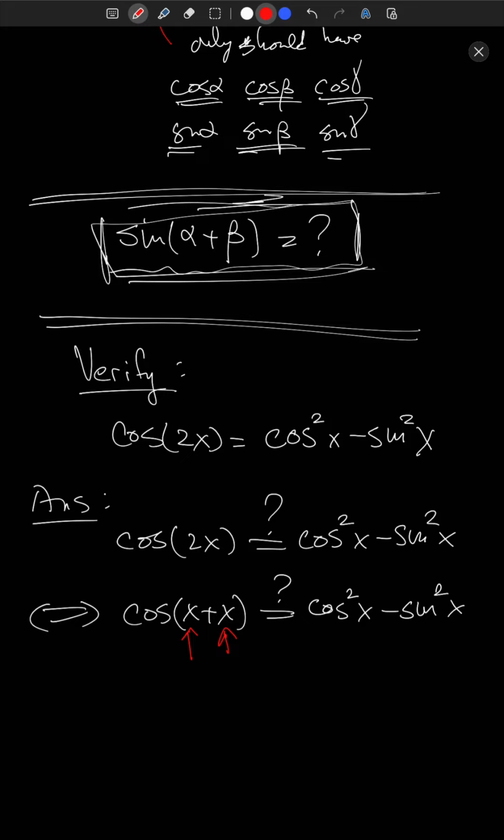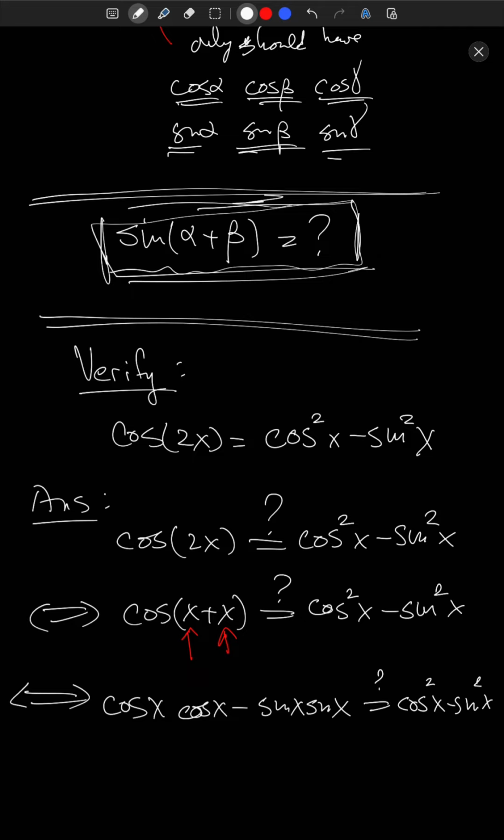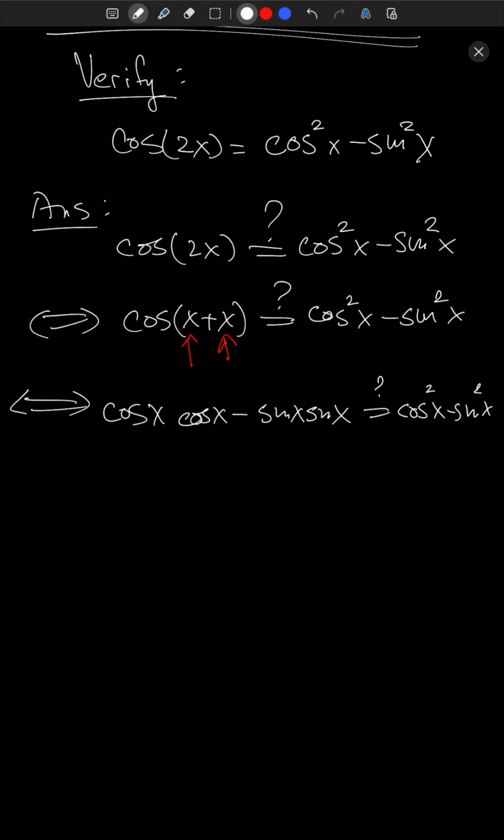So this is using the identity: cosine of the first x times cosine of the second x, minus sine of the first x times sine of the second x. Is this equal to cosine squared x minus sine squared x? Simplifying, the left-hand side is cosine squared x minus sine squared x.